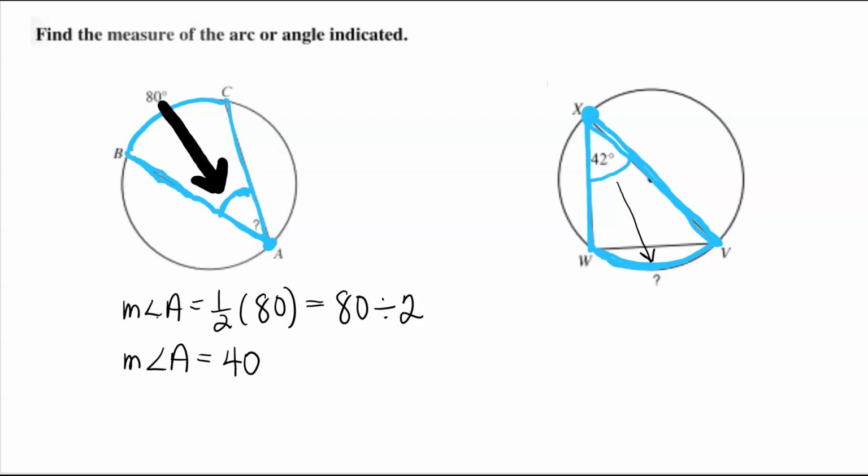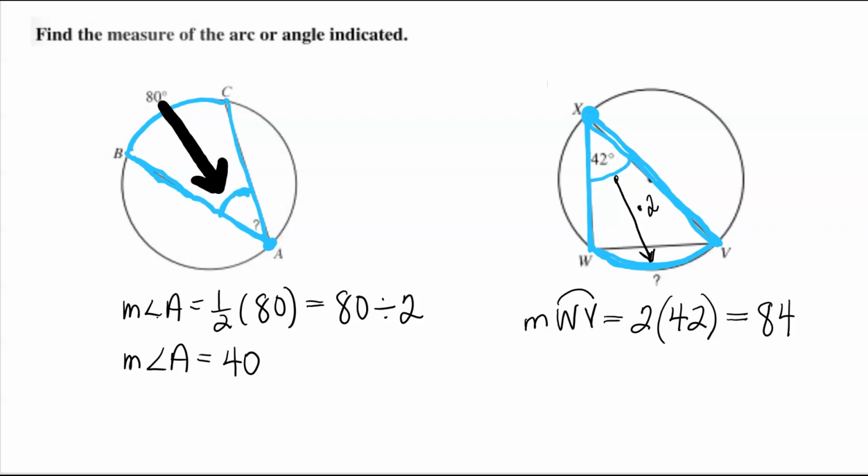It's different. We know the inside and we're making our way out. So if that's the case, we're going to multiply by 2. So the measurement of arc WV is going to be equal to 2 times 42. And again, we were on the inside and we were making our way out, and if you do that, you multiply by 2. So that means that arc WV is 84 degrees.